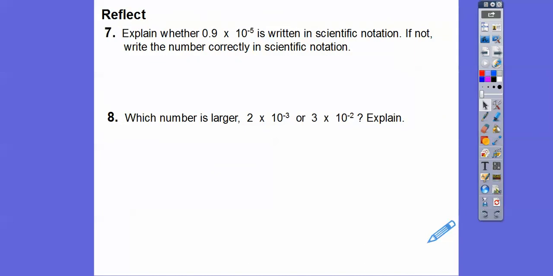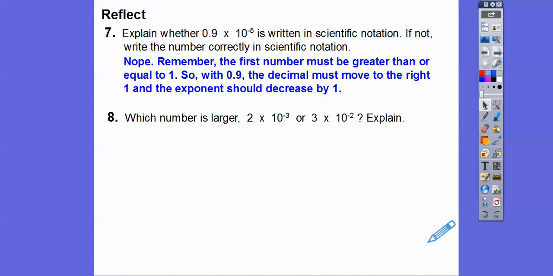Okay, explain if 0.9 times 10 to the negative 5 is written in scientific notation. If not, write the number correctly in scientific notation. Well, it almost is, you guys, except that 0.9 is not greater than 1. We want it to be 9, so we have to move that decimal. So no, it's not in scientific notation. Remember, that first number must be greater than or equal to 1.